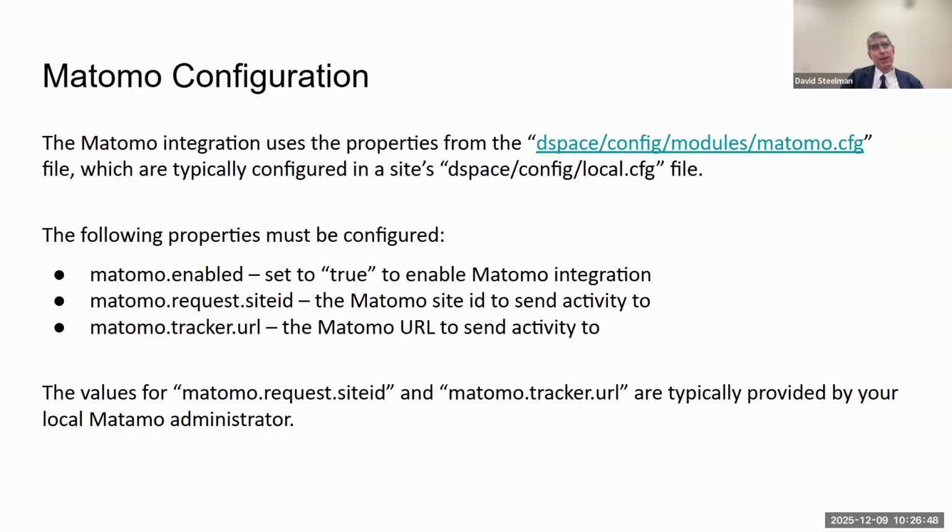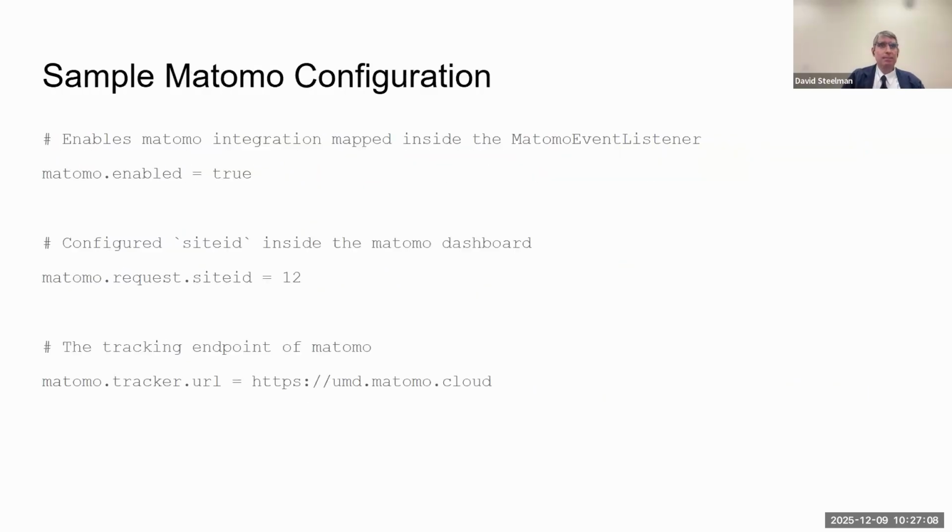The Matomo request site ID property, which is the site ID in your Matomo configuration to send the activity to, and the Matomo tracker URL, which is the Matomo server URL to send activity to. The values for the Matomo request site ID and Matomo tracker URL are typically provided by your local friendly Matomo administrator. Next slide, please. Here's an example.